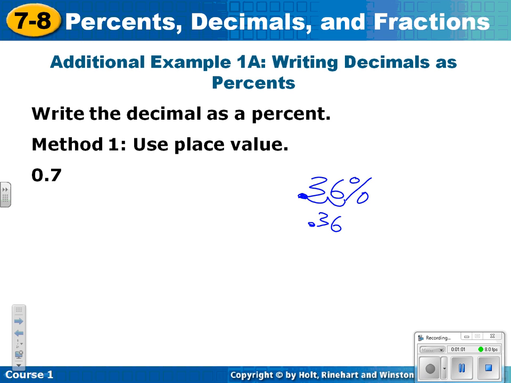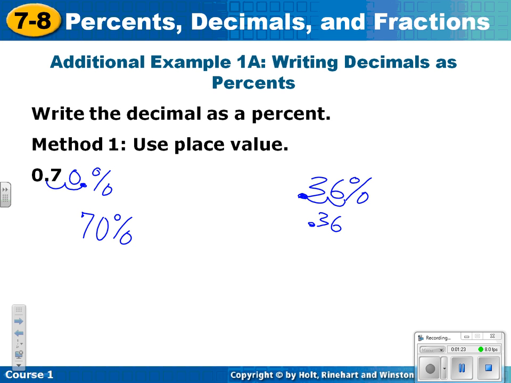Well, now we want to go from the decimal to a percent. What do you think this decimal is as a percent? 70%. You just take the decimal and move it back to the right 2 spots and add a percent symbol. So it's 70%.